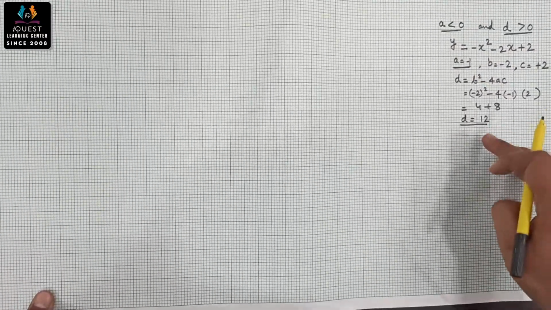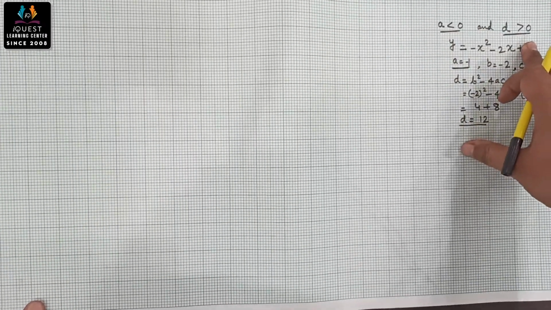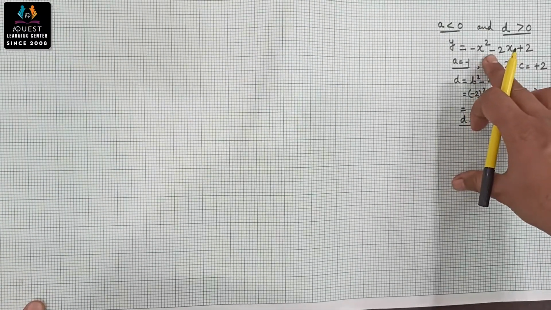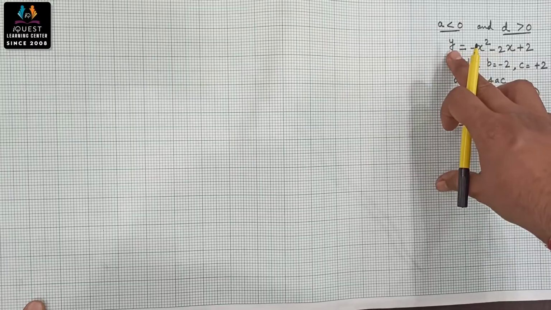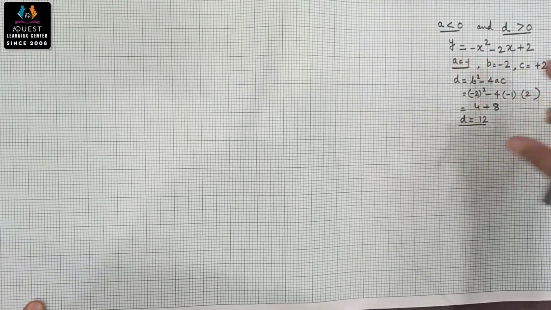So the discriminant and a satisfy this condition. Now we will put some values of x for finding the values of y to make the graph.